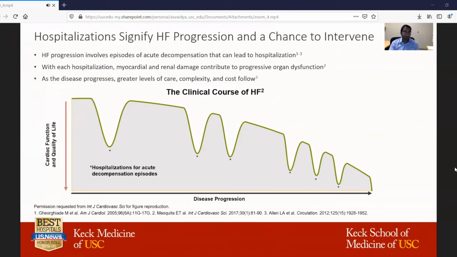And as the disease progresses, there's greater levels of care and complexity, cost and follow-up that are needed. So you can see here this schematic that with each hospitalization, denoted by these valleys, they might need monitoring devices, and the addition of ICDs and CRTs, remote monitoring, and then LVADs. And if they keep going without those things, potentially significant morbidity or mortality.